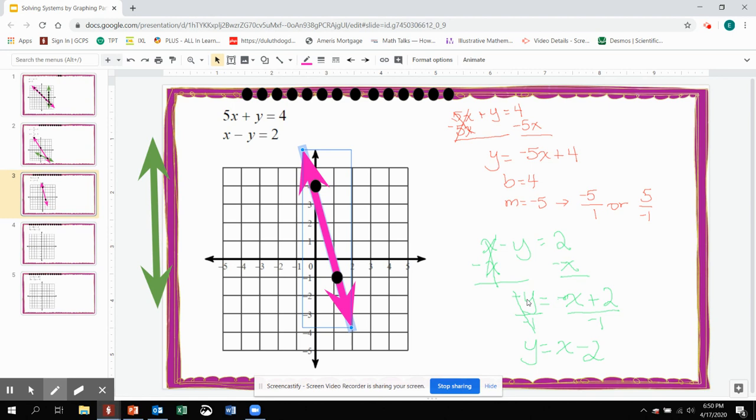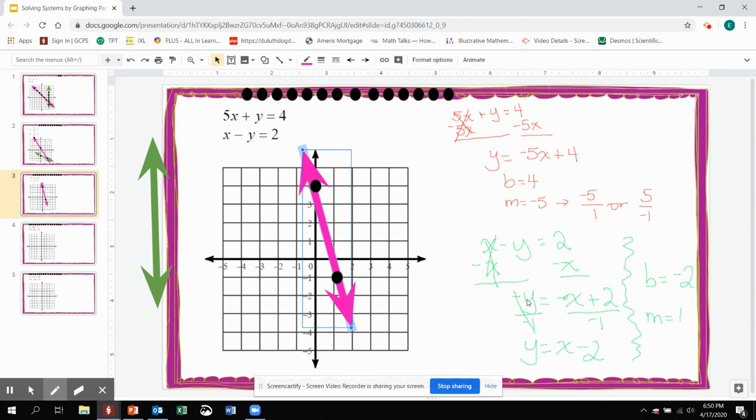And now I need to use this equation to find my y-intercept and my slope. So my y-intercept is this minus 2, so negative 2. My slope, it looks like there's nothing in front of the x. But if there's not anything in front of the x, I know that that actually means there's an invisible 1.